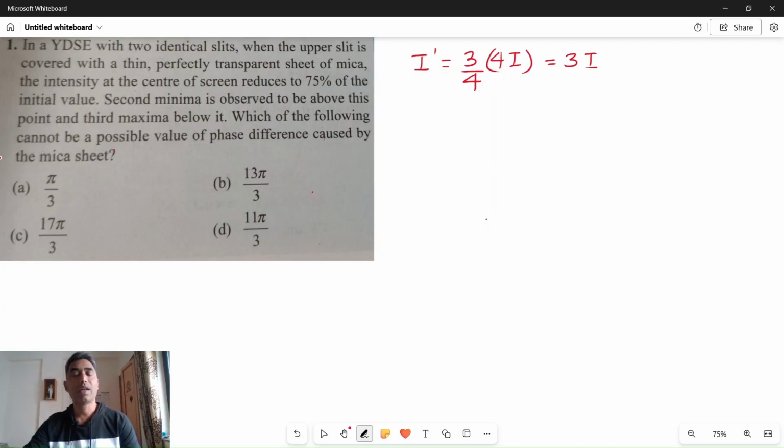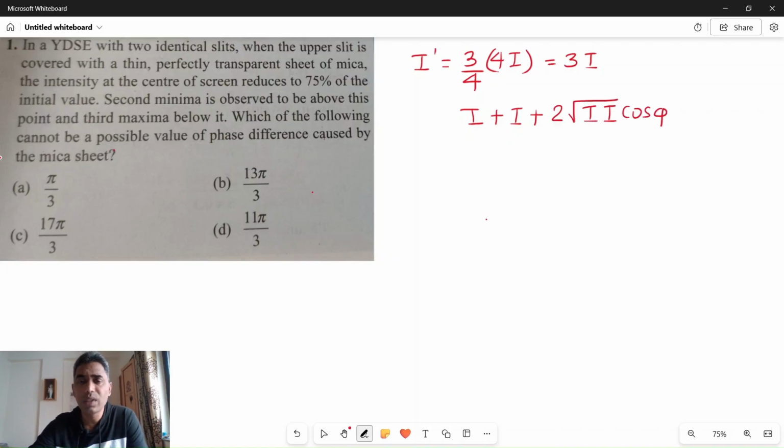The resultant intensity formula is I1, which is I, plus I2, which is again I, plus 2 root I1 I2 cos phi. And now this is equal to 3I.